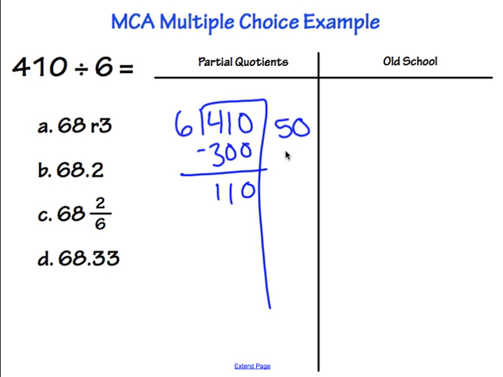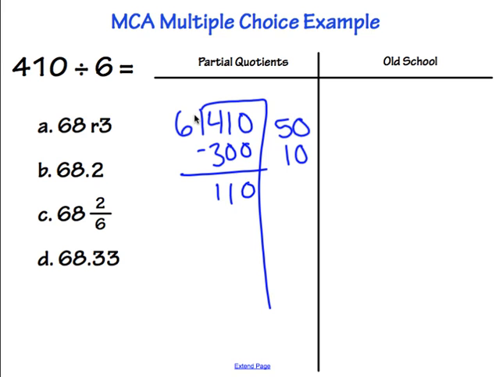I'm having a hard time thinking of something that 6 is multiplied by to get us close to 110. So when you're having a hard time, if you can't quite think of anything, when in doubt, just go with a 10, because a 10 is a nice, easy number.